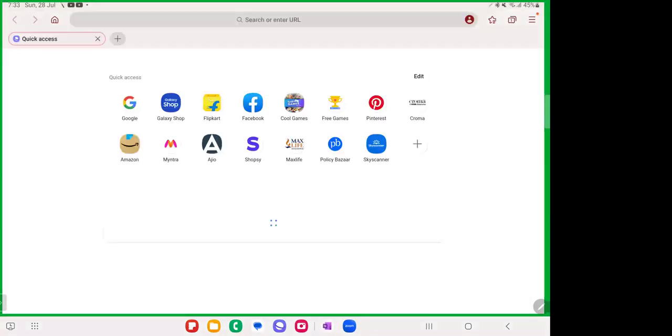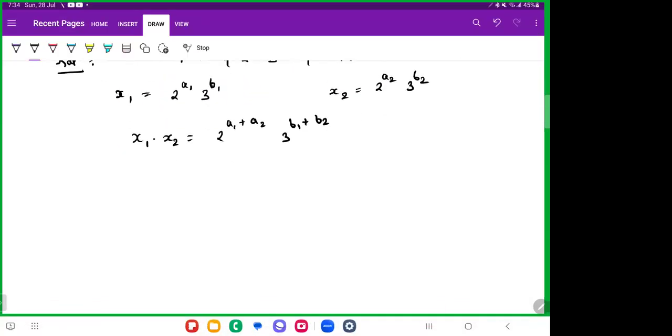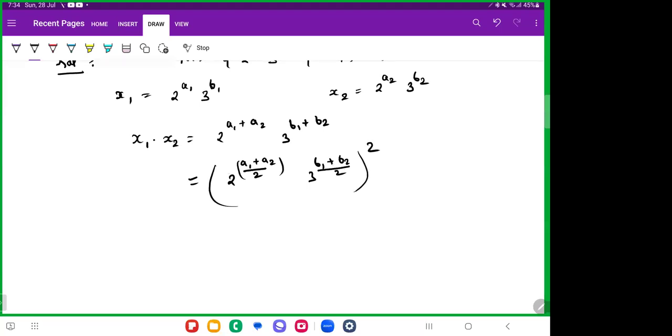I want to make this a perfect square. For a perfect square, this should be of this form, so that I can write 3 to the power b1 plus b2 by 2, a whole square. This is intuition, don't take it precisely.